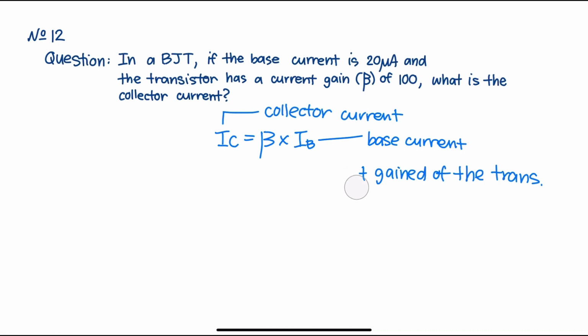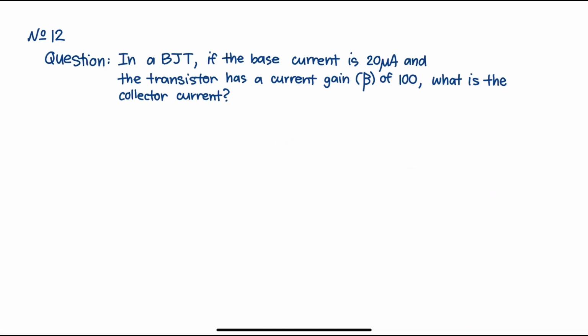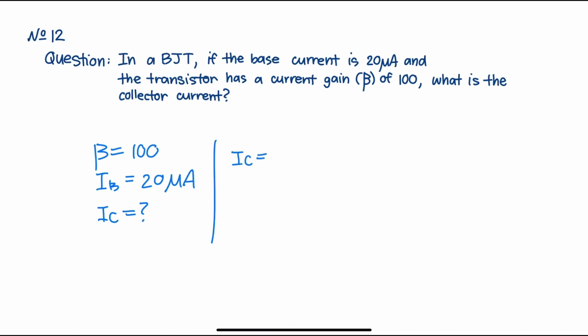So, with this being said, let's solve the question. We have beta, which equals 100. IB, which equals 20 milliamperes. And IC, which we're looking for. If we use the formula and apply it, IC will be equal to 100 multiplied by 20 milliamperes.